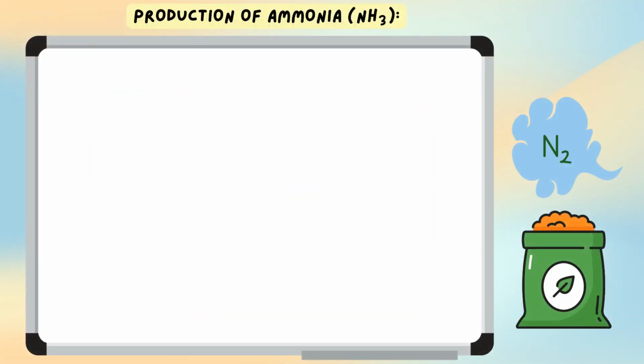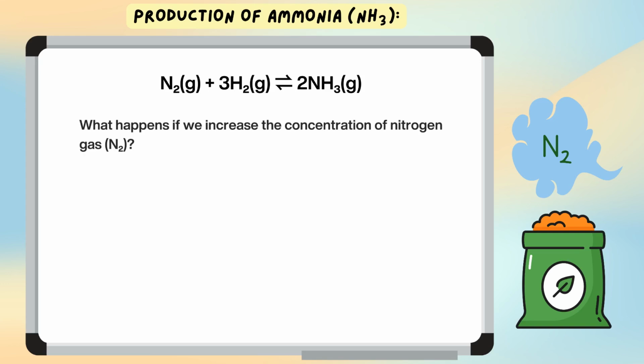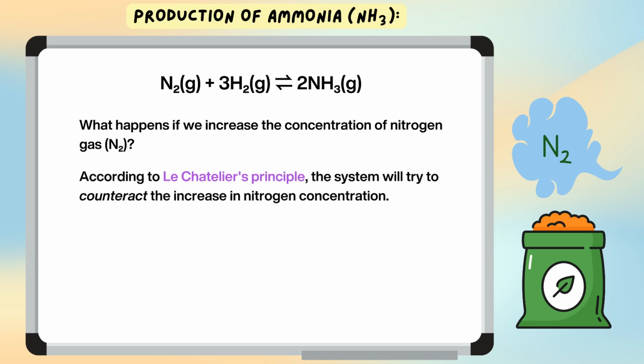To understand this concept better, let's consider a practical example from the Haber process, used for the production of ammonia, NH3. The balanced equation for this reaction is N2 plus 3 H2 forms and is produced by 2 NH3. What happens if we increase the concentration of nitrogen gas? According to Le Chatelier's principle, the system will try to counteract the increase in nitrogen concentration.